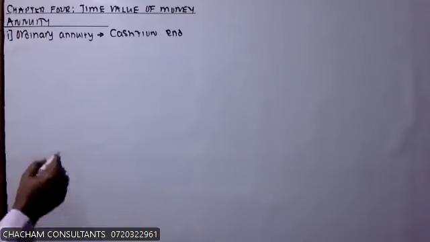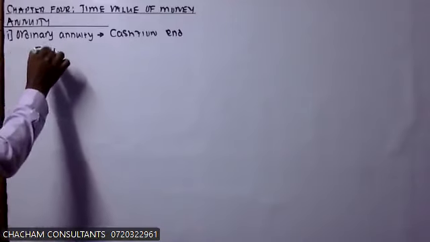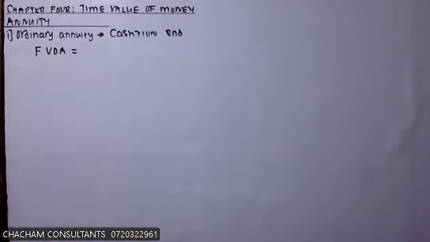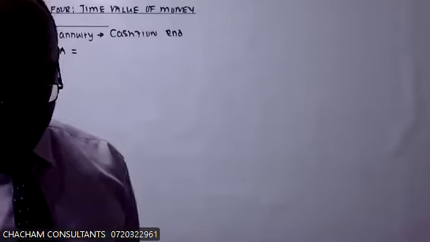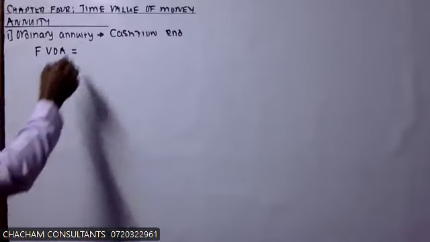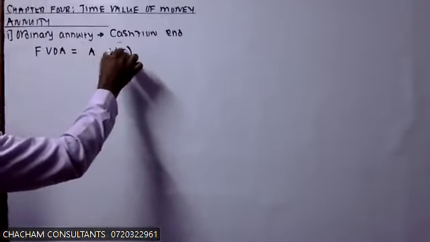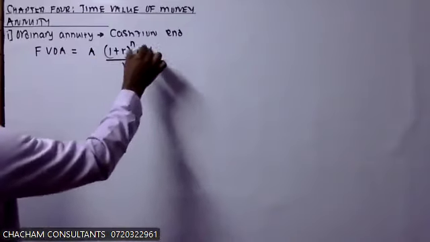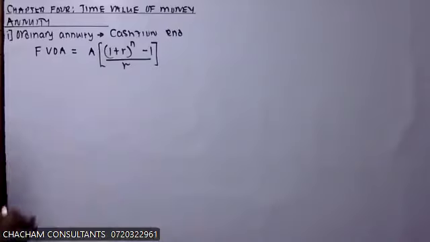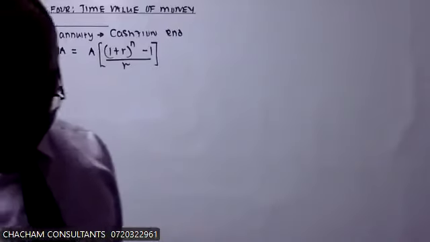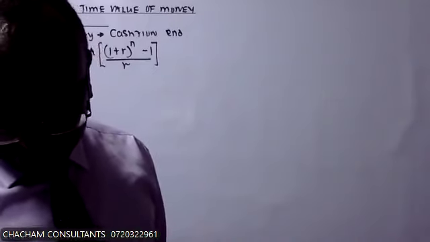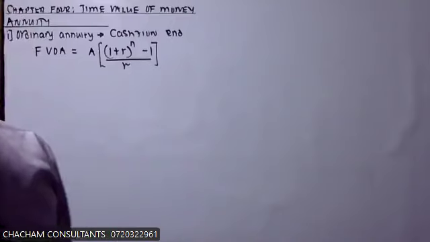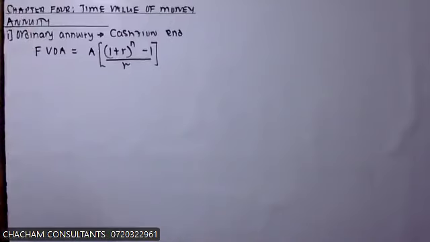And we write this formula. The future value of ordinary annuity is equal to A times (1 plus R raised to the power N, minus 1) divided by R. That's the formula.